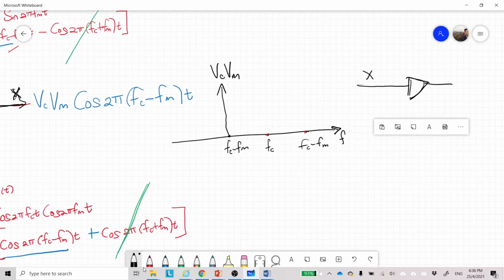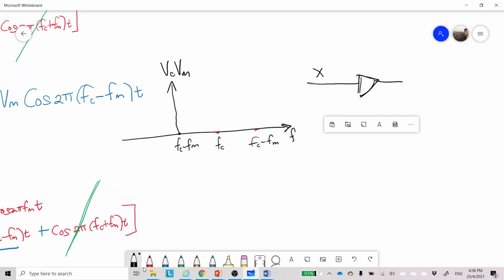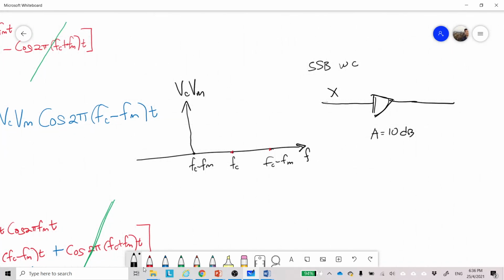Okay, I redraw again over here. For example, the output goes to the amplifier. Here, remember X is the SSB without carrier, SSB-WC. And then for example here we have an amplifier with a gain of, for example, 10 dB. What happened? So 10 dB is equal to 10. If you do anti-log, it will produce 10. So the output here is supposed to be 10x.